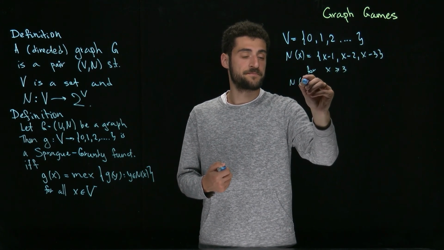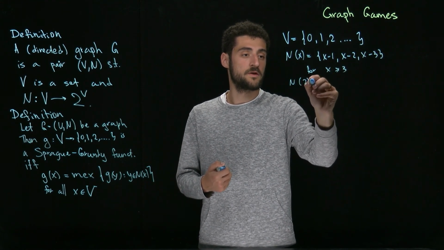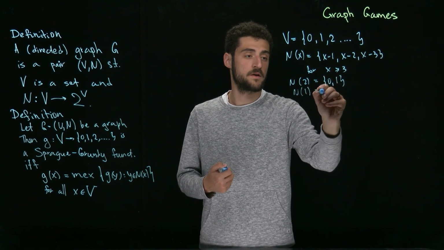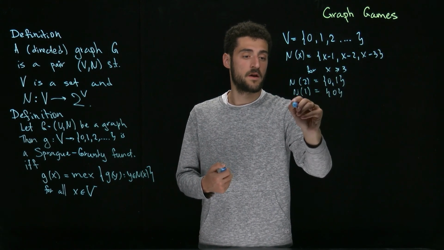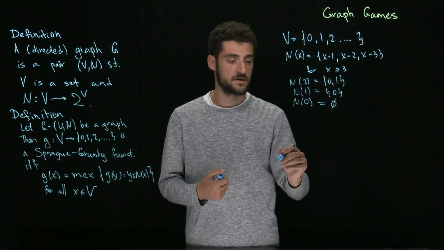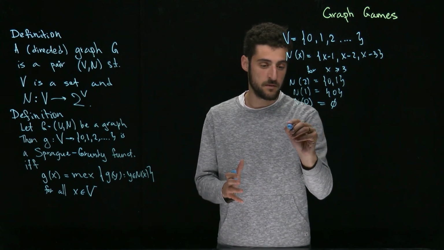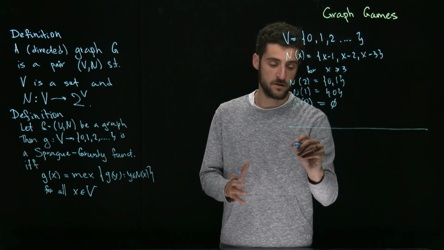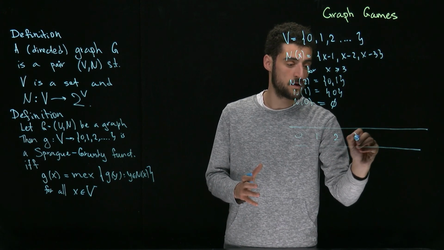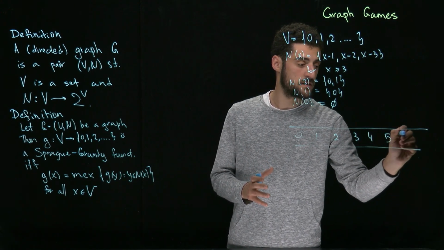N of 2 is 0 and 1, n of 1 is 0, and n of 0 is an empty set. So let's draw a table where we would write the values of the Grundy function. So 0, 1, 2, 3, 4, 5, and 6.